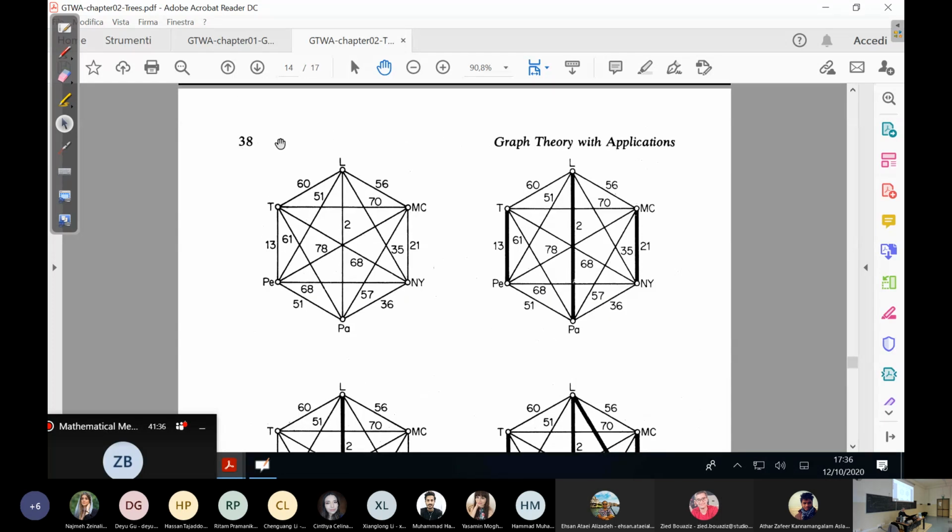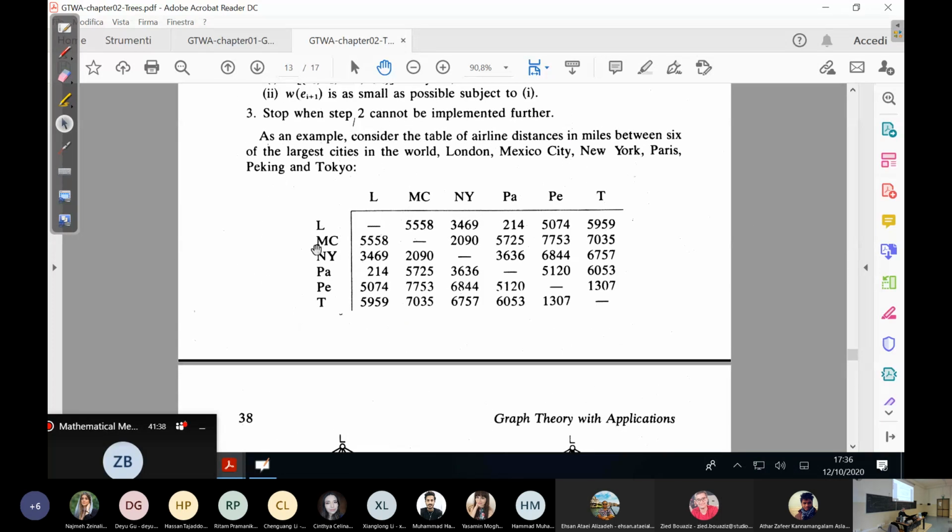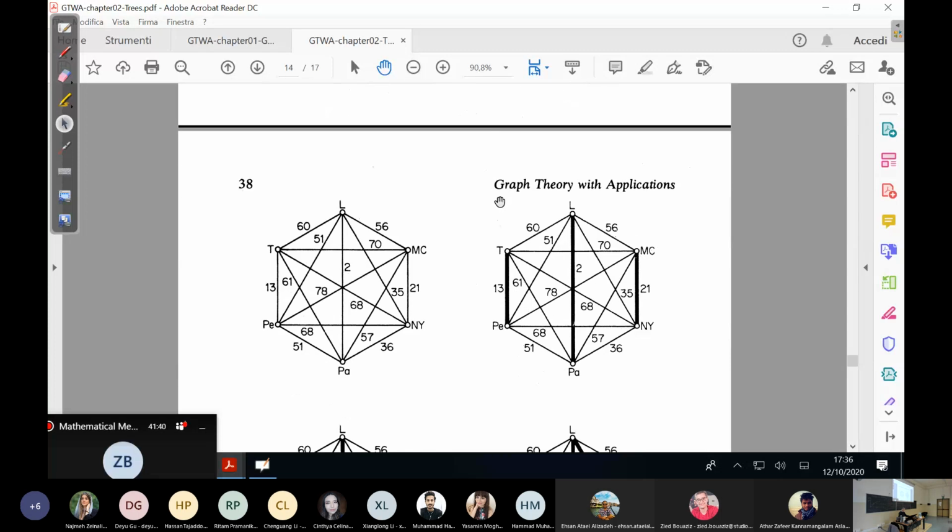Okay, we have this, which is the graph representing this situation. And again, these edges are straight line edges, but it does not mean that you have a straight line from one to the other, okay? Generally it is an arc of a great circle, but that's not important.